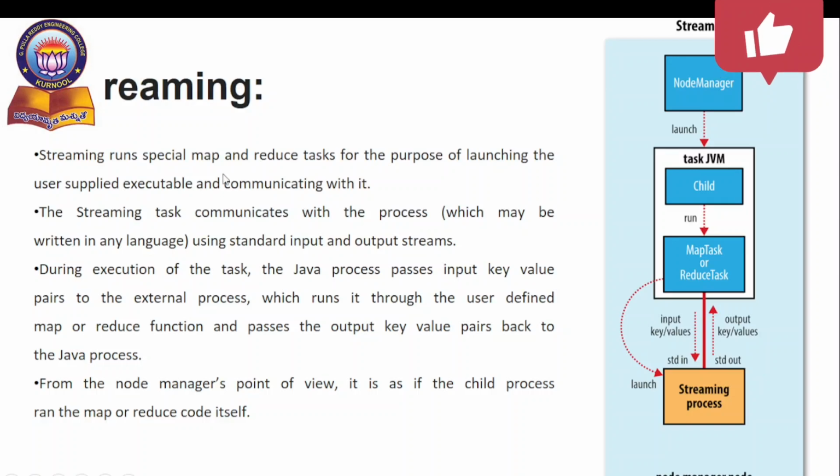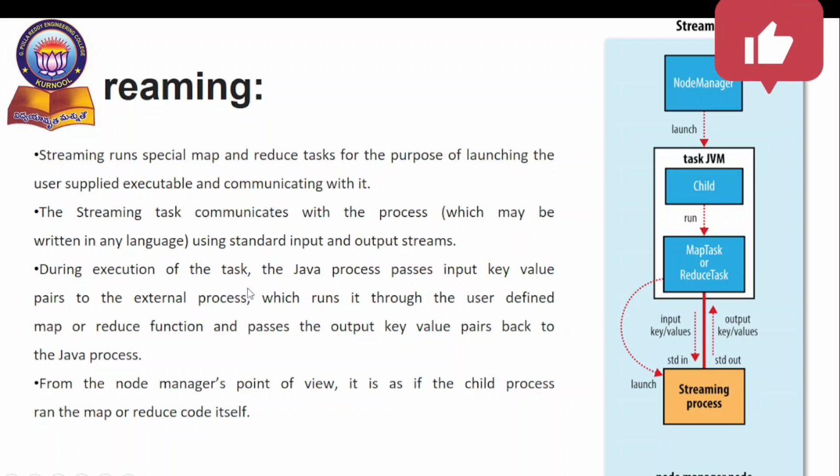Streaming runs special map and reduce tasks for the purpose of launching the user-supplied executable and communicating with it. The streaming task communicates with the process, which may be written in any language, using standard input and output streams.